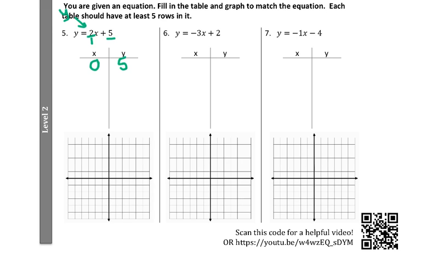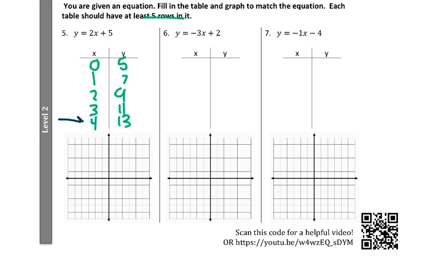This is telling us that our y column is going to go up by 2, and our x column is going to go up by 1. So our y column is going to be 7, 9, 11, 13. In the instructions, it tells us that we need 5 rows. And our x column is going to be 1, 2, 3, 4. Super easy.